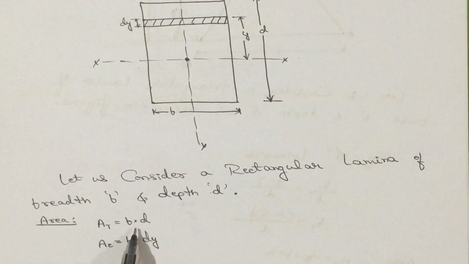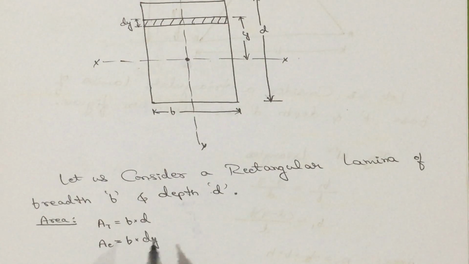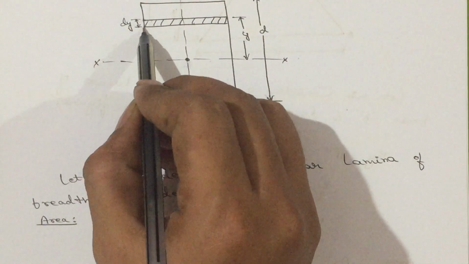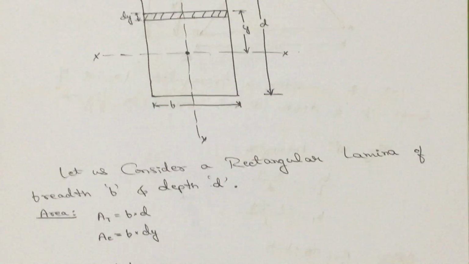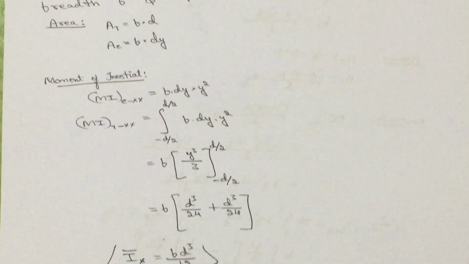The total area is breadth into depth, that is b into d. The elemental area is this width multiplied by this depth, b into dy. Understood?